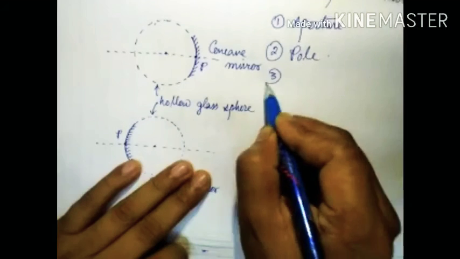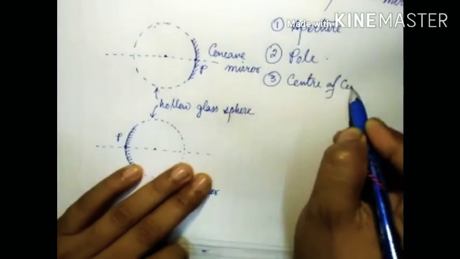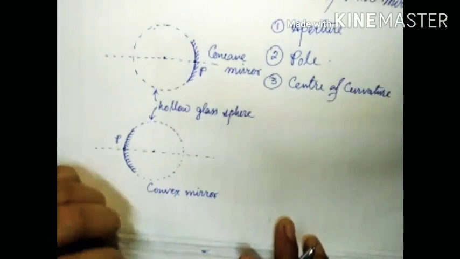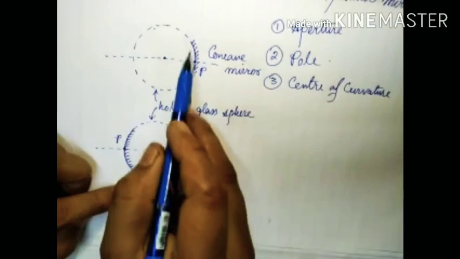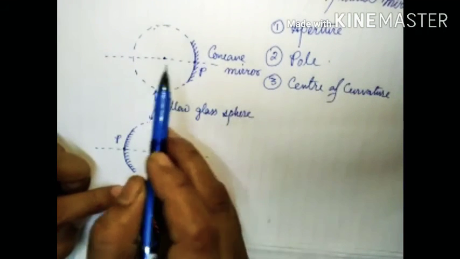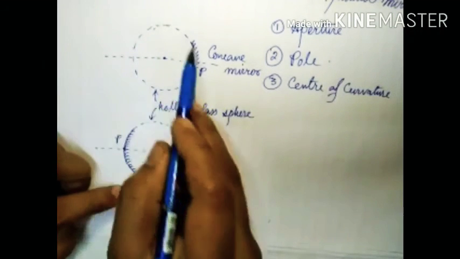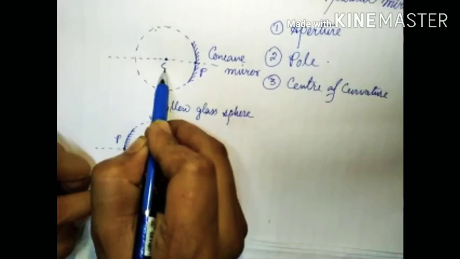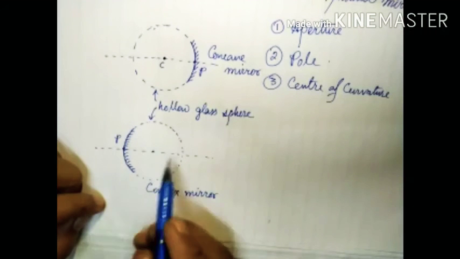Next is the center of curvature. The center of a hollow sphere, of which this spherical mirror is a part, is called the center of curvature. For this concave mirror, this is a part of this hollow sphere. This hollow sphere has its center at this point, denoted as C. This convex mirror is a part of this hollow sphere.